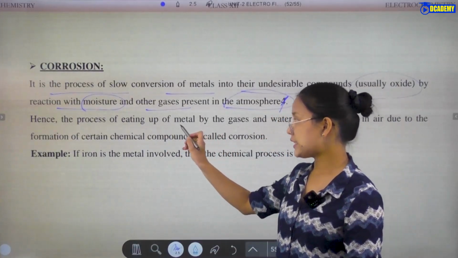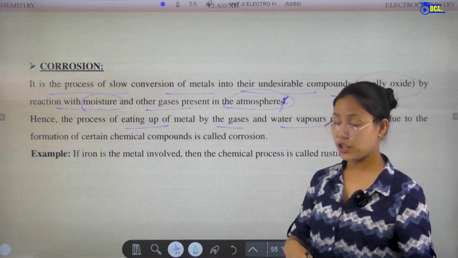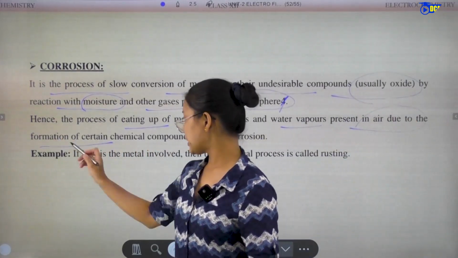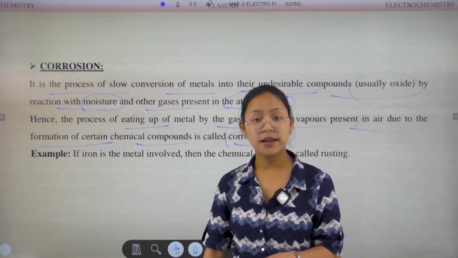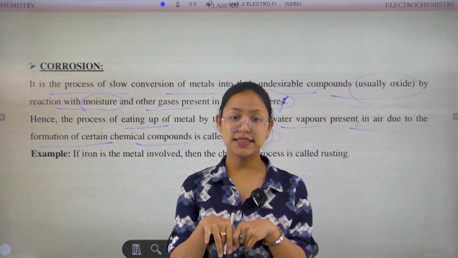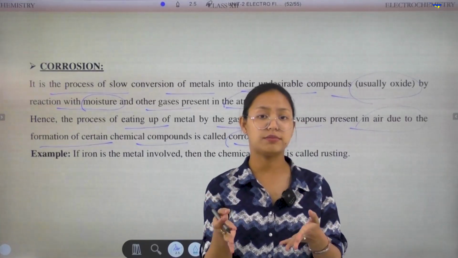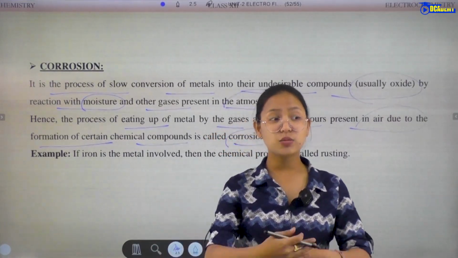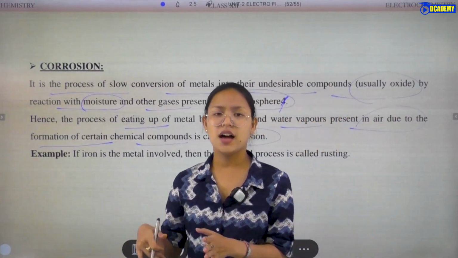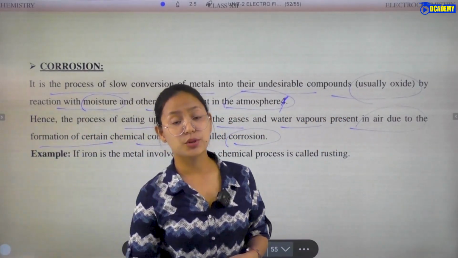Hence, the process of eating up of metal by the gases and water vapors present in the air, due to the formation of certain chemical compounds, is called corrosion.